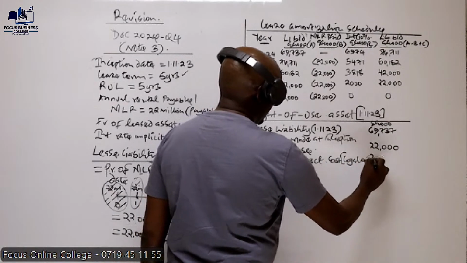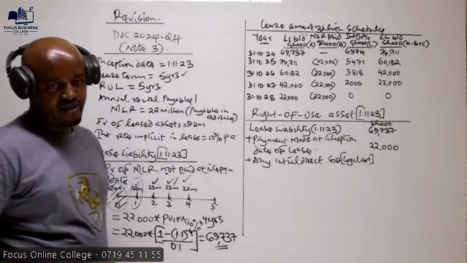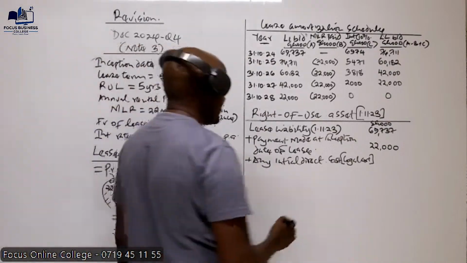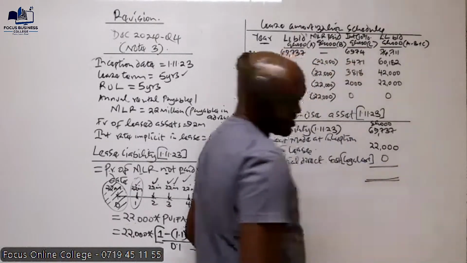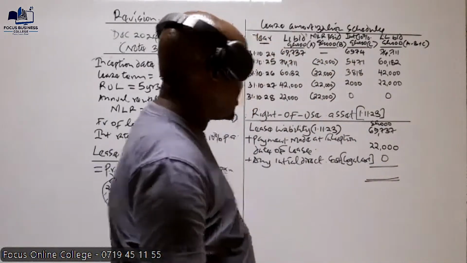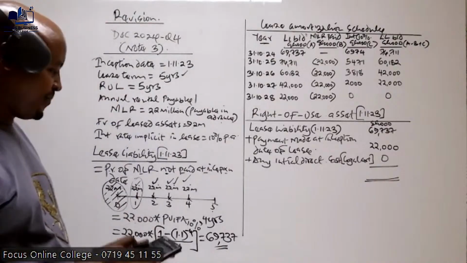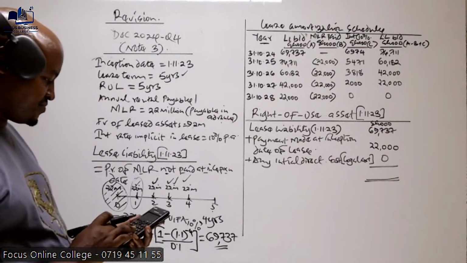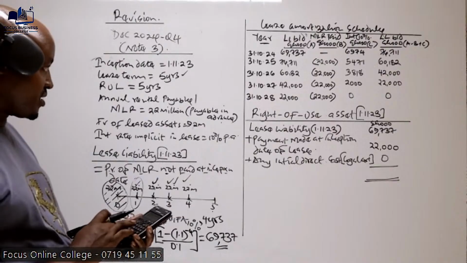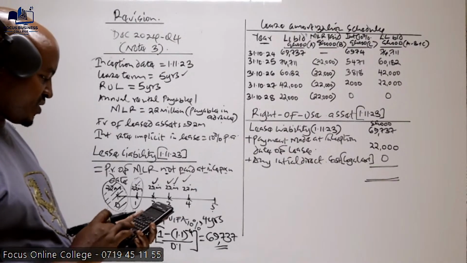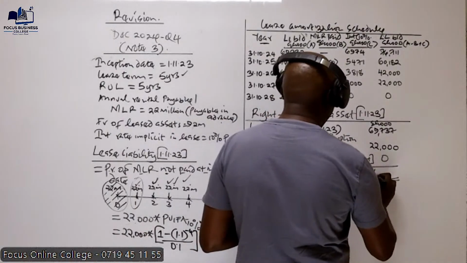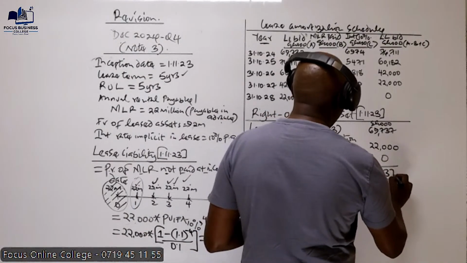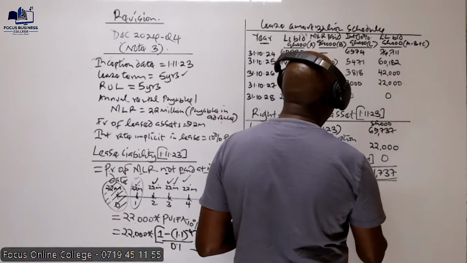You'll be told that at the inception date of the lease, there was a legal cost which was incurred. In this question, we don't have any initial direct cost. So we get the value of the right of use asset. We have 69,737 plus 22,000, and basically this one will give us 91,737. So that is the right of use asset.